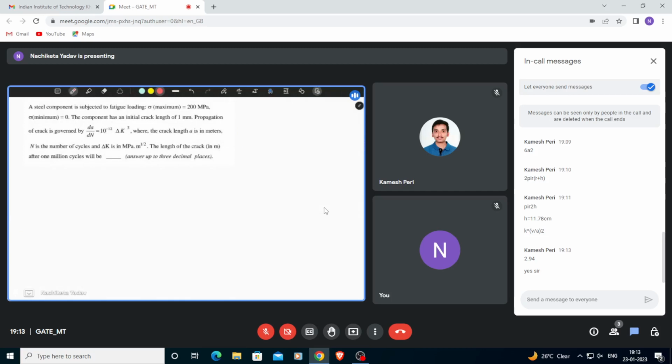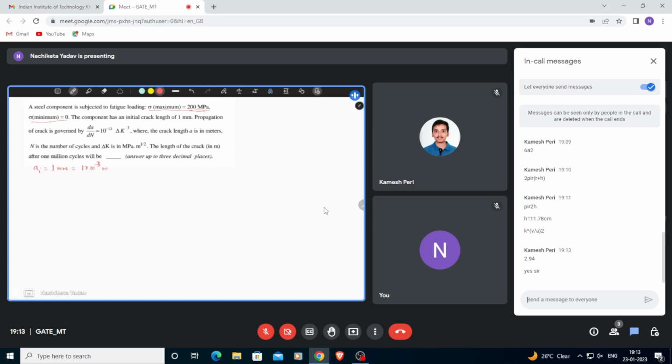Can you try for this one? Everything is given, like maximum it is 200 megapascal and minimum is 0, and the component has an initial crack length. The ai value is given as 1 mm. We can write 1 into 10 to the power minus 3 meter.